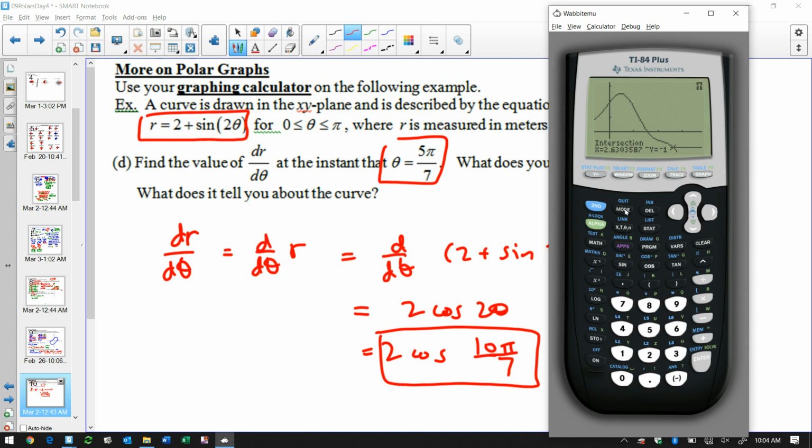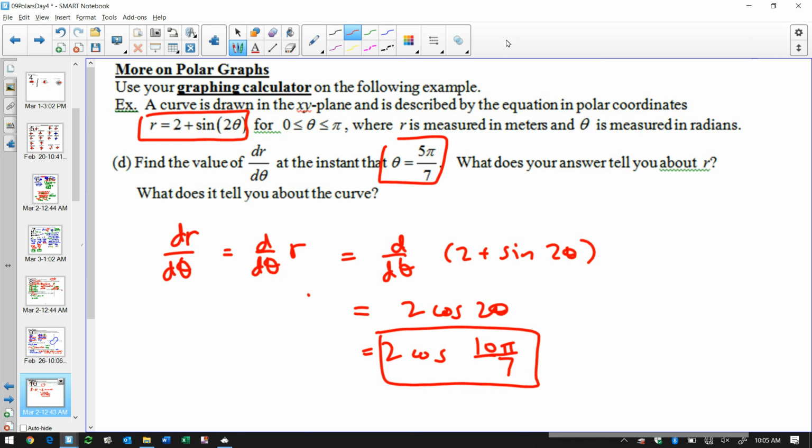So let me go to the home screen, and I'll have cosine of 10 pi divided by 7. Multiply that by 2. Can I get a check on this? I'm getting negative 0.445. Did you get that? Anybody get that? Okay, so this is equal to negative 0.445.